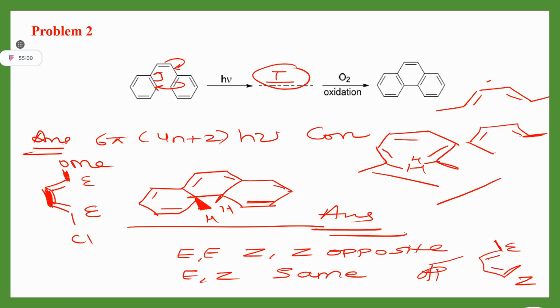And if this type of system is undergoing conrotation, since the substituents are in the same direction, in the product also they will be in the same direction, or they will be cis. I hope I am clear to everyone.